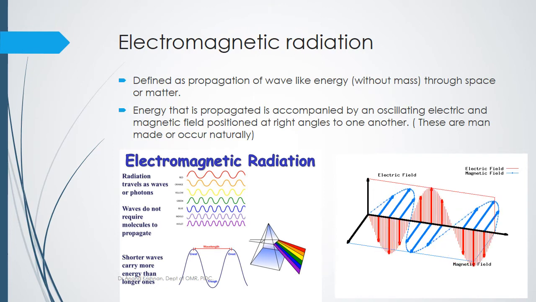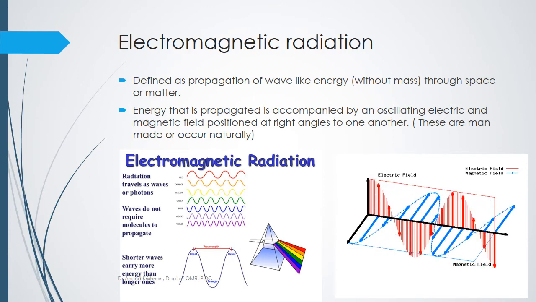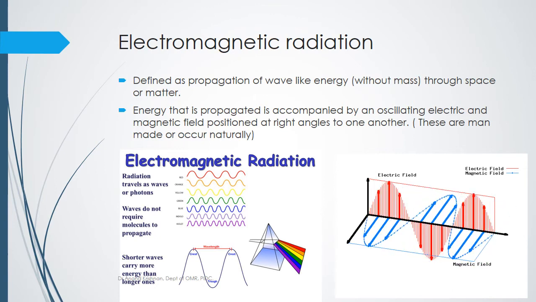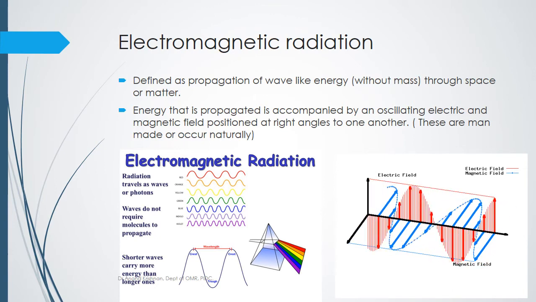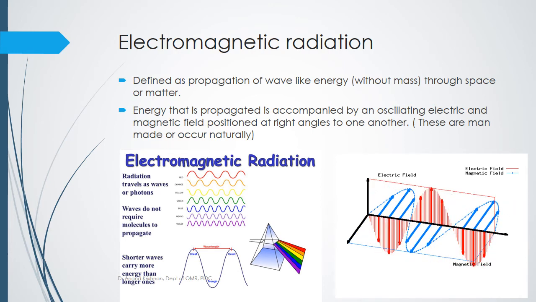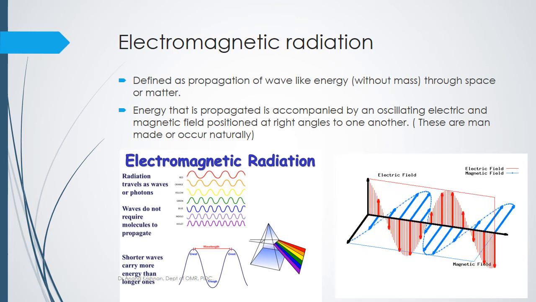In his theory, he explained that electromagnetic radiation has no mass, carries energy in waves as electric and magnetic disturbances, and might be defined as an electric and magnetic disturbance traveling through space at the speed of light.